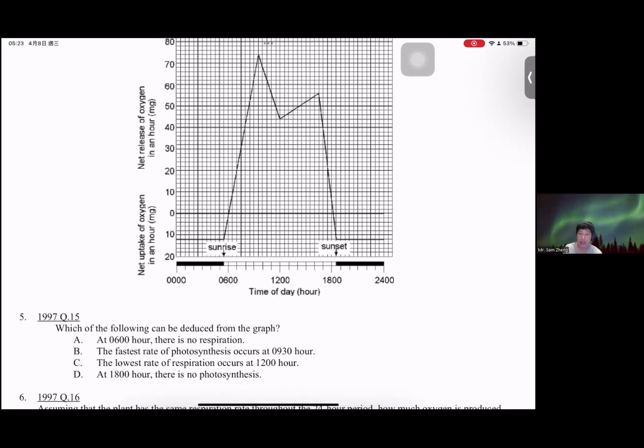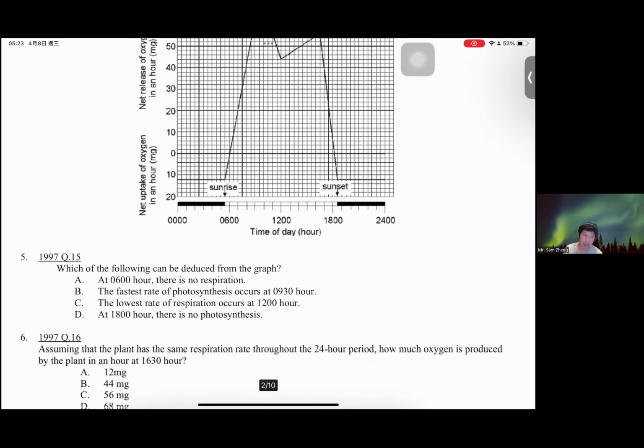In this case it still has some light, so there is still some photosynthesis. So D is also not correct. The only correct answer would be B over here.